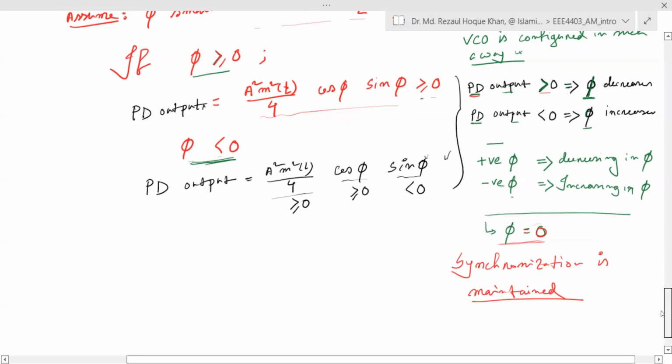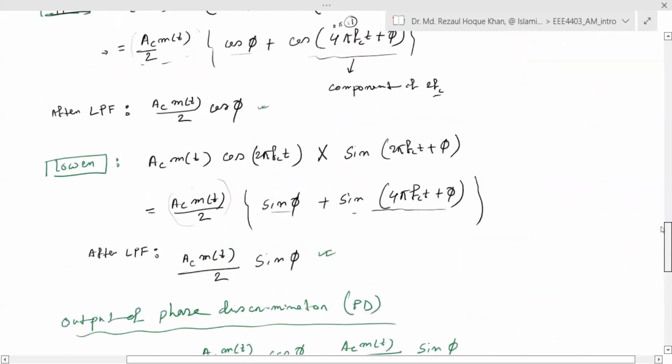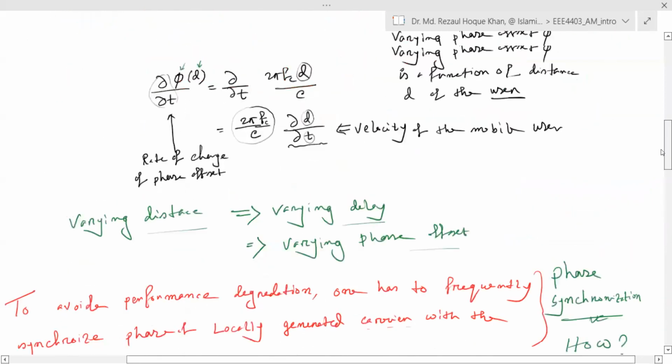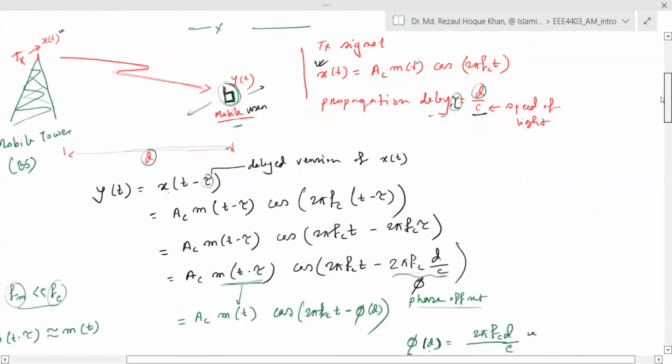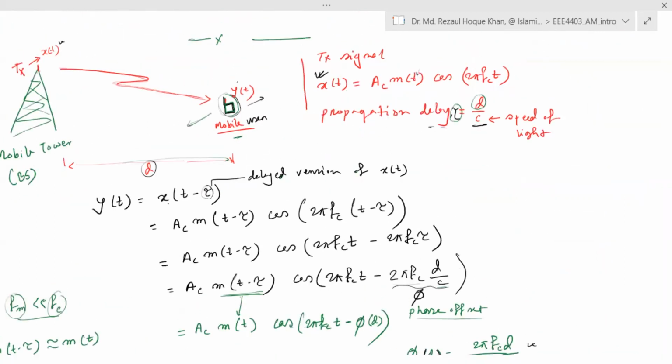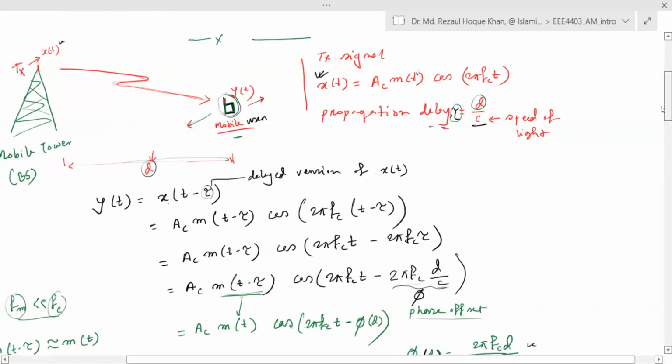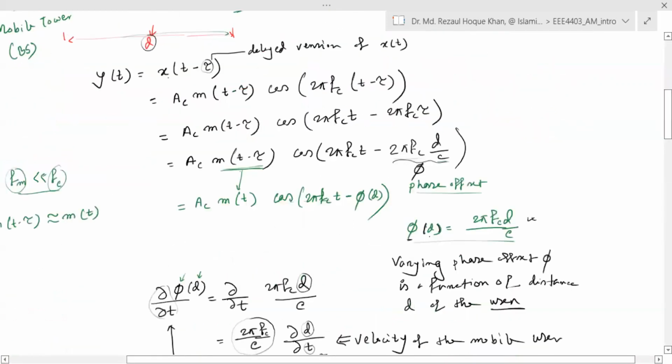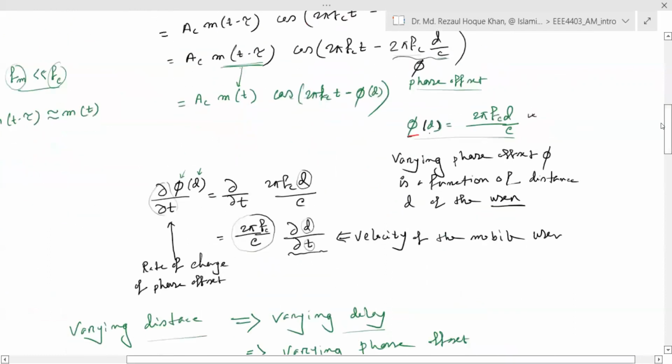So we have seen in a roaming scenario, when the user keeps changing position, it changes the distance D, which changes the delay, which creates a larger phi, which would eventually decrease our receive power.